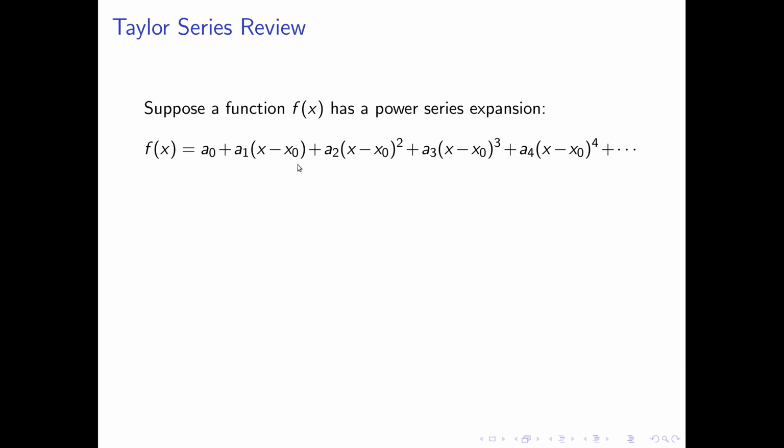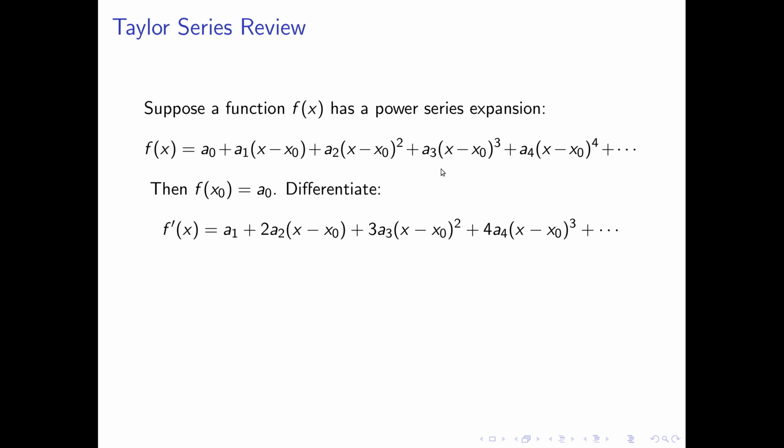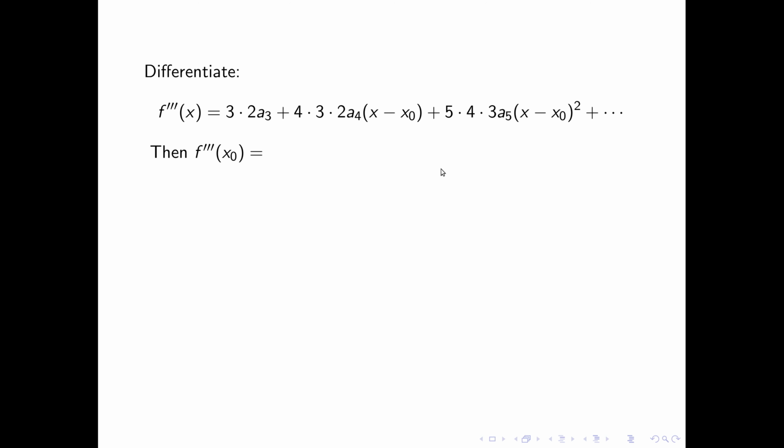And if you remember from Calc 2, only certain functions can be written this way. We call them analytic functions. So only analytic functions can be written this way, or by definition, a function is analytic if it can be represented by its power series expansion or Taylor series. Good. So let's move ahead again. So now we know how to find a Taylor series, right?